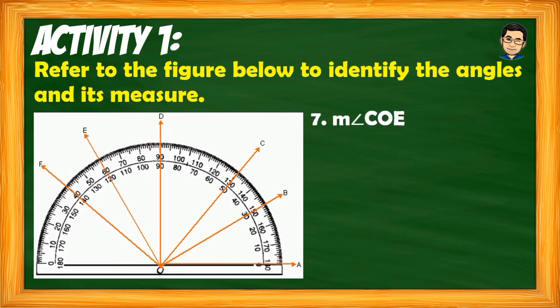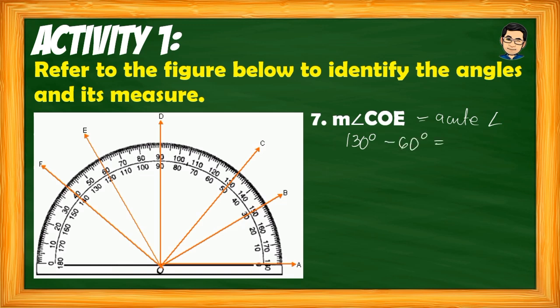Next, number 7. Okay. So, for number 7, measure of angle COE. Okay. So, angle COE, kung titignan natin siya, isa po siyang acute angle. So, dito tayo sa C muna. So, sa side ng C, 130 degrees minus 60 degrees.